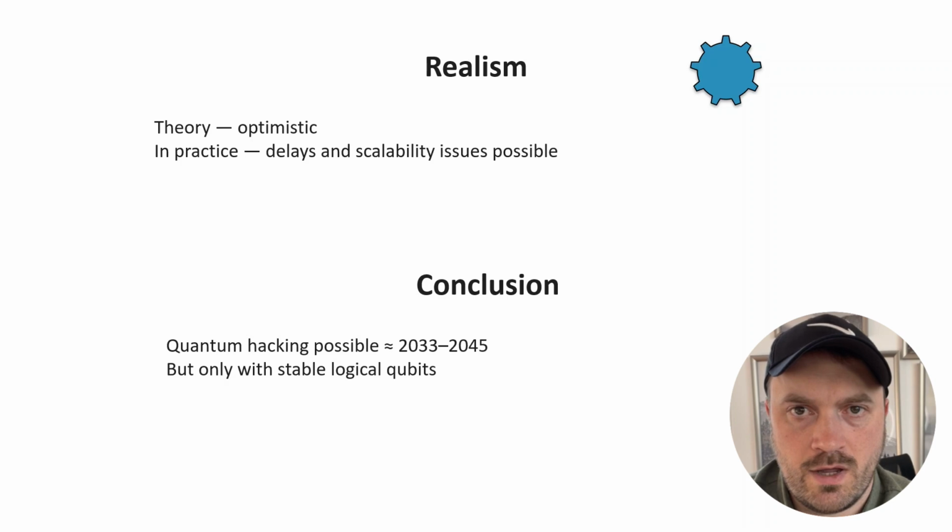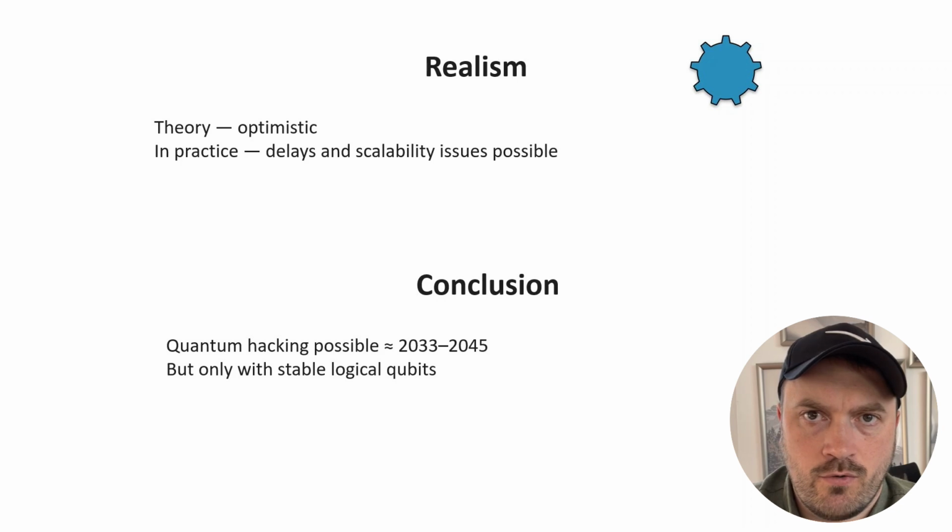So by 2033 a quantum computer could theoretically reach the required 50,000 physical qubits. And at that point, hacking Bitcoin might become practically possible, if the problems of error correction and stable logical qubits are solved.